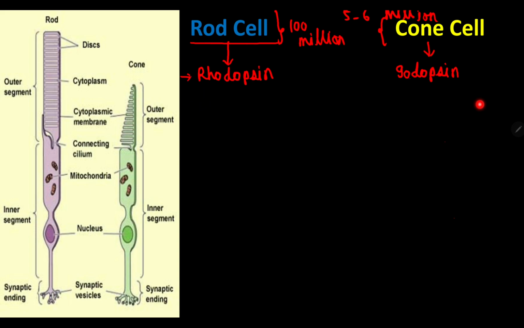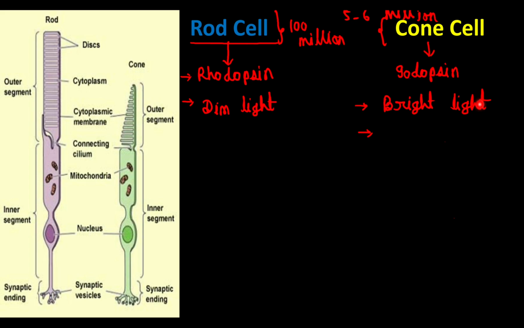Then the rod cell is for dim light vision. Dim light means low light vision. And the cone cell is for bright light vision. Like you see in daytime, when light is enough, you can observe the color of the object.